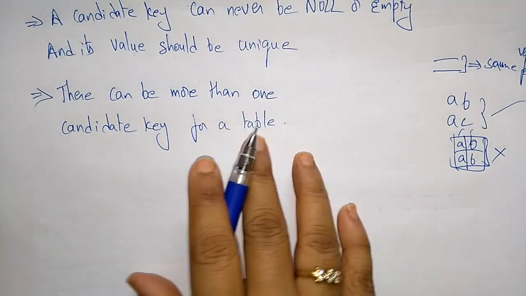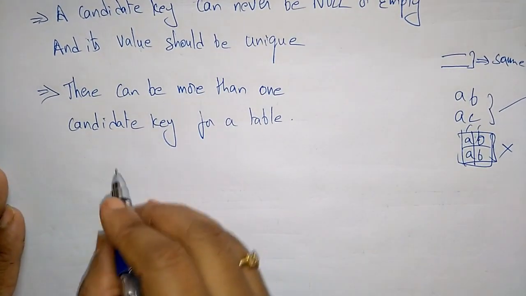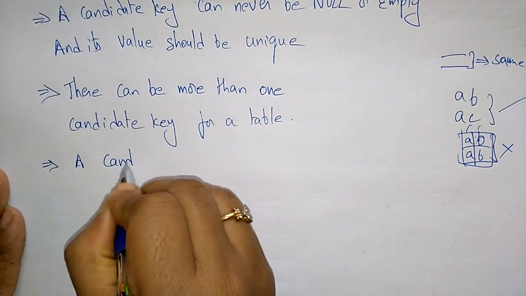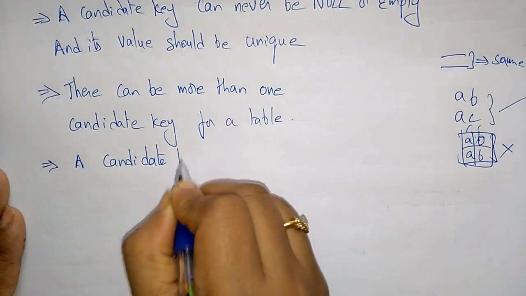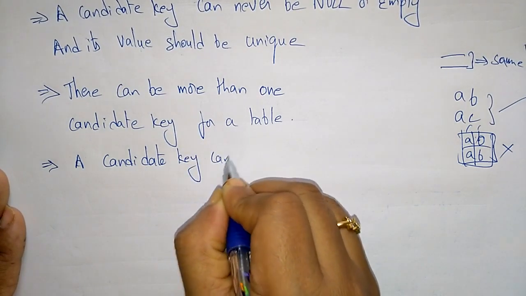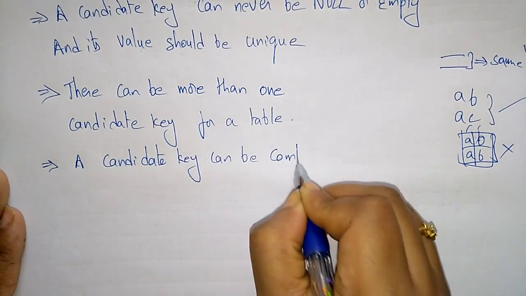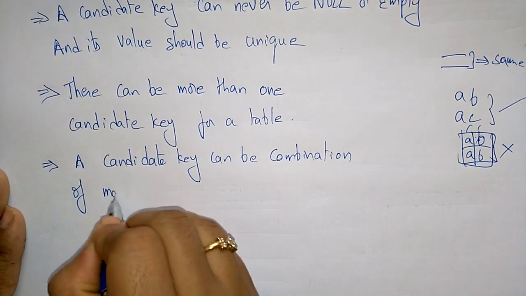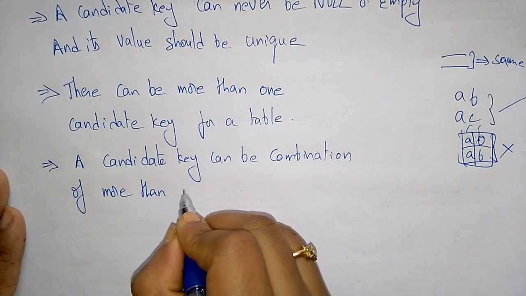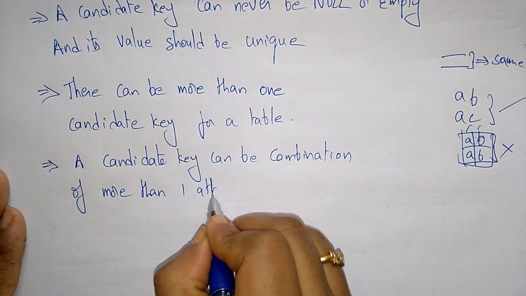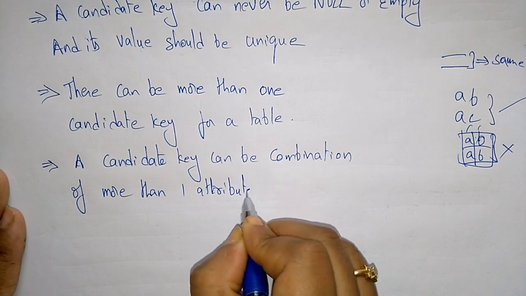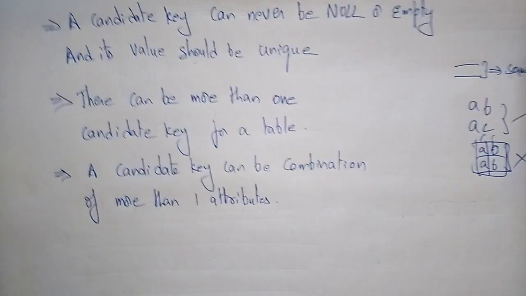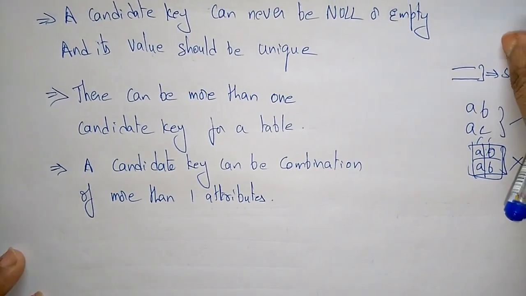So there is a chance of more than one candidate key for a table, and a candidate key can be a combination of more than one attribute. These are the points you have to take care of while declaring an attribute as a candidate key. Thank you.